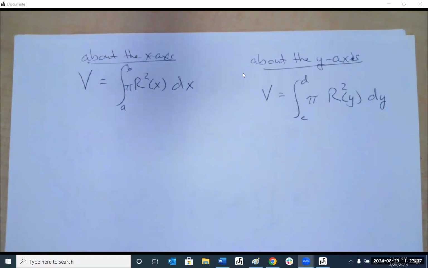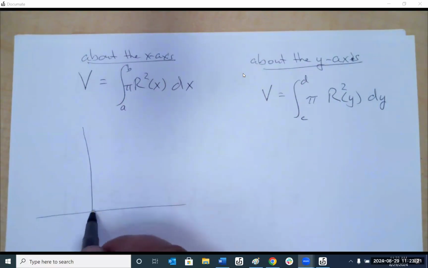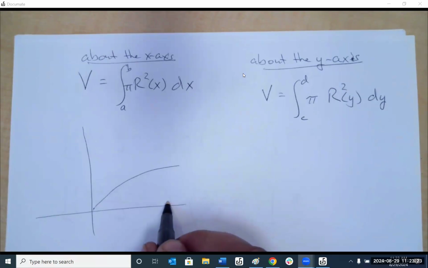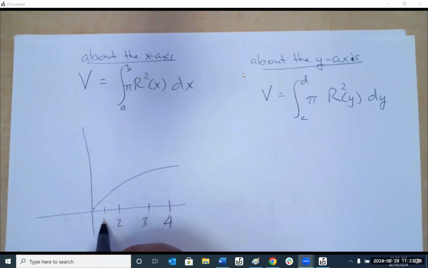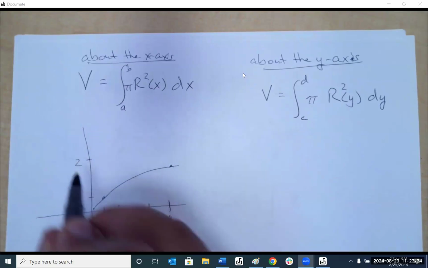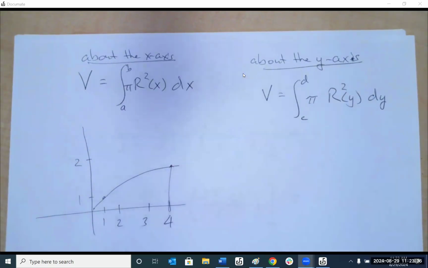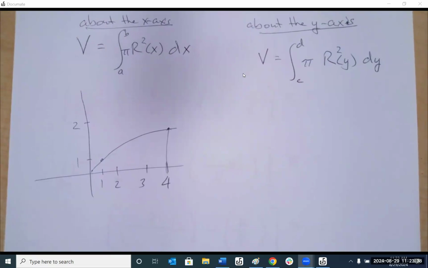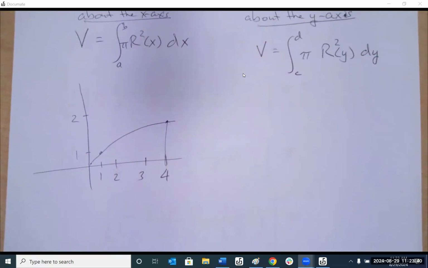For example, what does this mean? Remember this example, the square root of x?